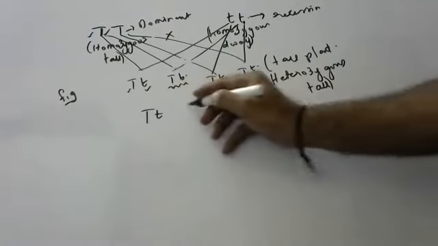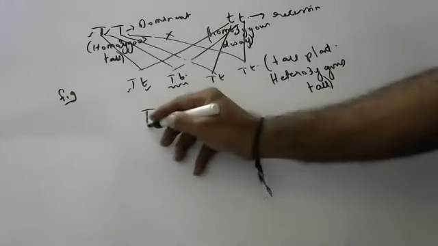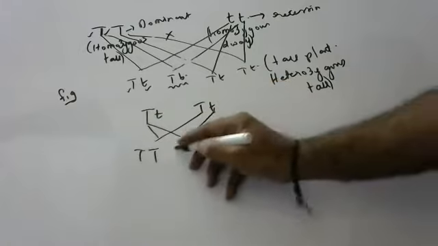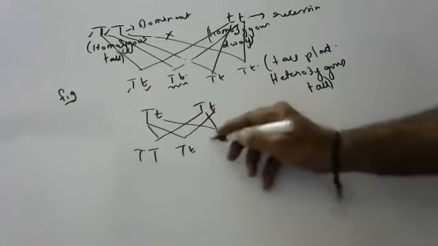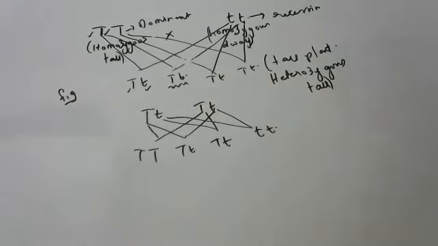Out of the 4 plants you got in the first generation, take any 2 plants and go for self cross. You will get big T big T, big T small t, big T small t, and small t small t.